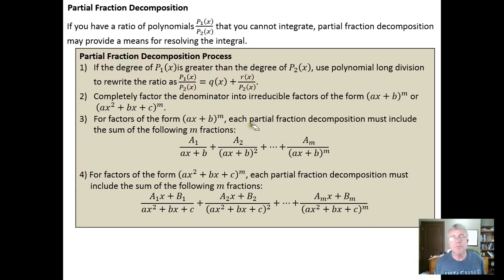So that's the first thing to realize. This isn't a comprehensive list, but it is enough that if we had some higher degree polynomial in the denominator, we should be able to establish what's going on here and come up with our own guideline for that nth degree polynomial. That's the first thing I would say.